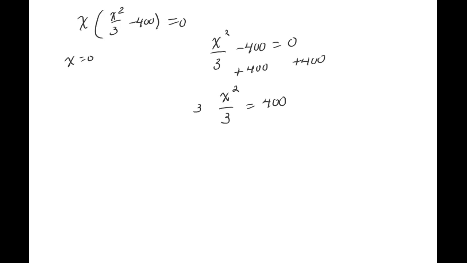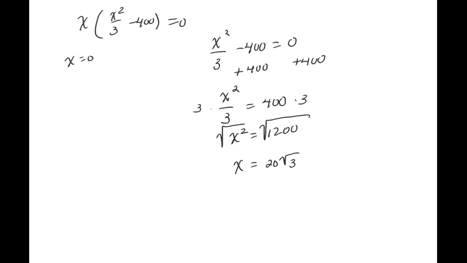Multiply both sides by 3. I get that x squared is equal to 400 times 3, which is 1200. Finally, to solve for x, I'm going to take the square root of both sides, and I get that x is equal to the square root of 1200, which is 20 times the square root of 3.